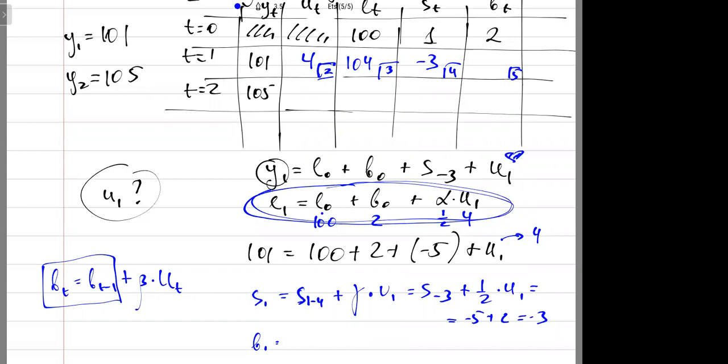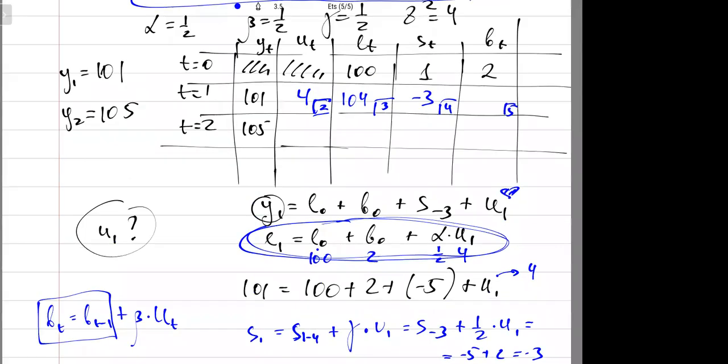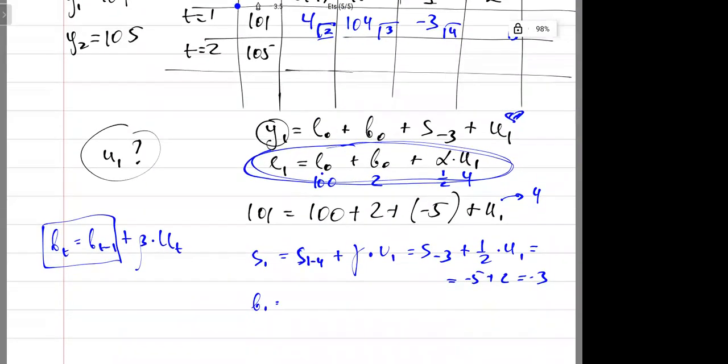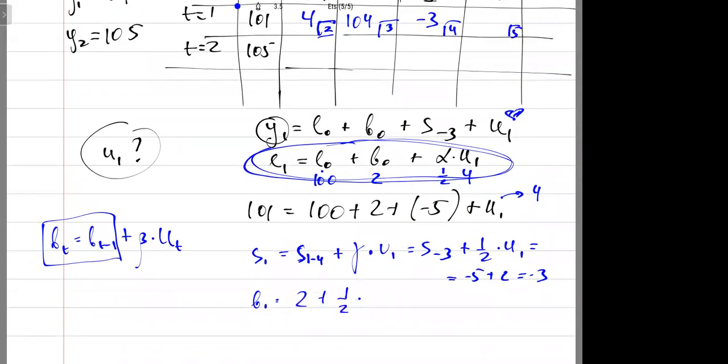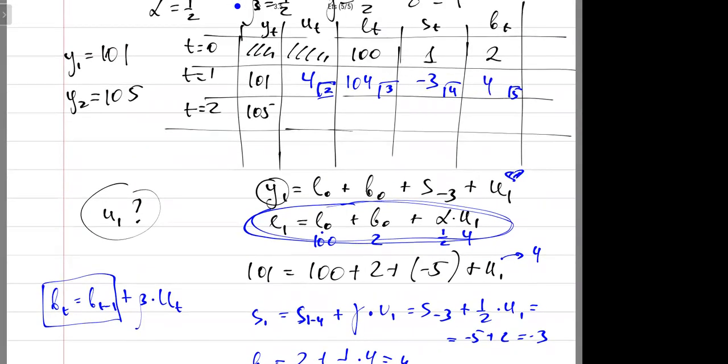In our new model, the growth rate, the slope may change. So now the slope is high, and then the slope will be lower and so on. So what is B1? It's the previous B, 2, plus 1/2 times U1, which is 4, so 4. Okay? And then we just continue.